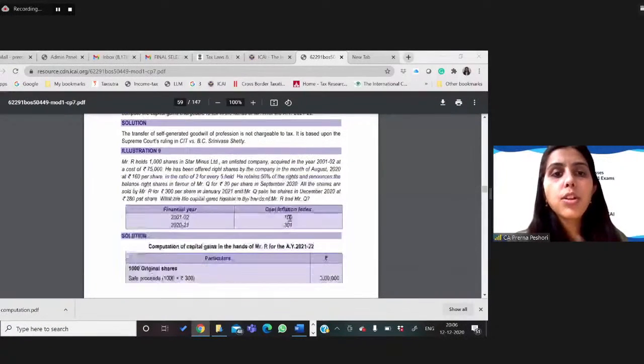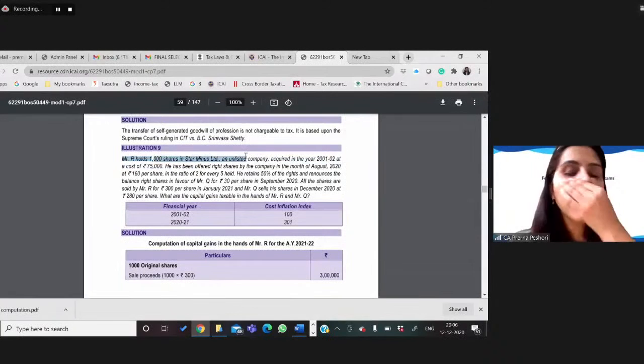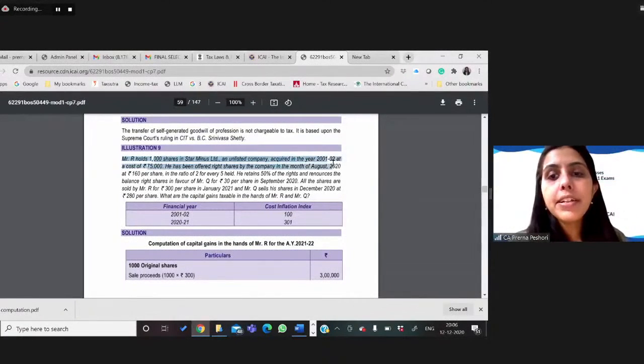So here is the question for you. Mr. R holds the shares in Star Miners Limited, an unlisted company, acquired in the year 2001-2 at a cost of rupees 75,000. He has been offered right shares by the company at 160 per share in the ratio of 2 for every 5 held.